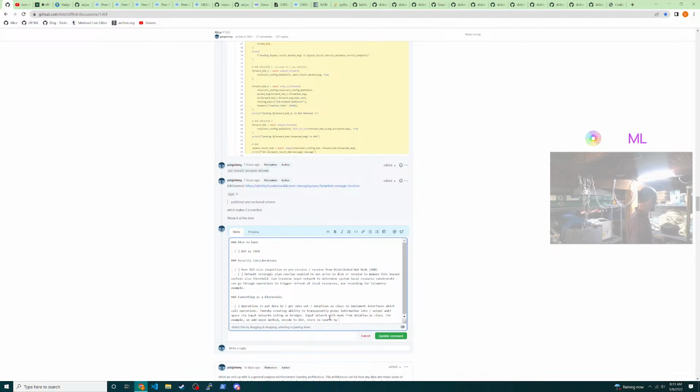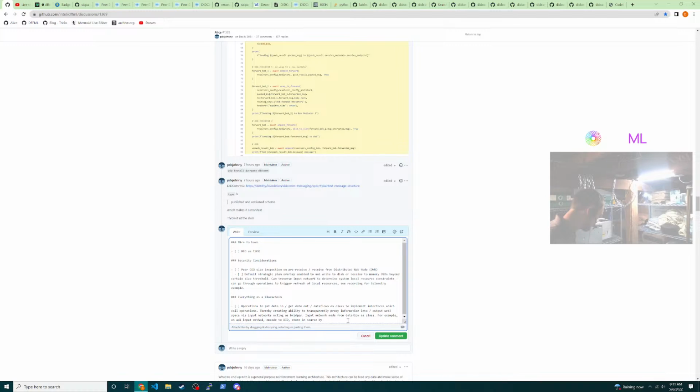How can we do subclasses? Store in source input network. Input network made from data flow as class. For example, on add input network encode to DID store in source.